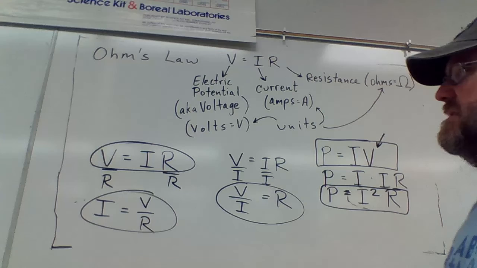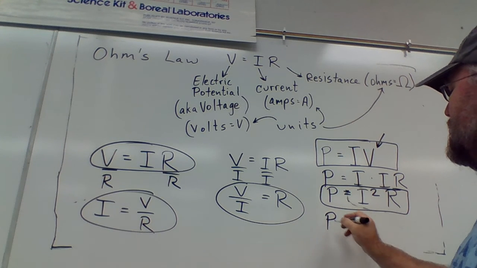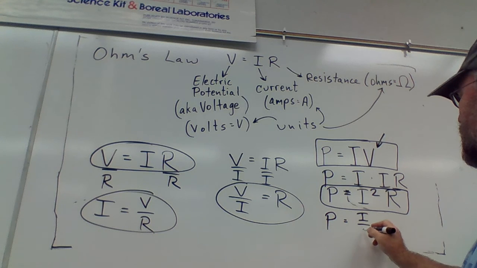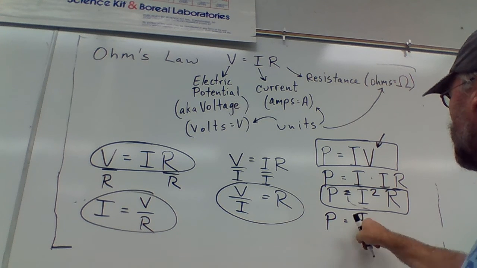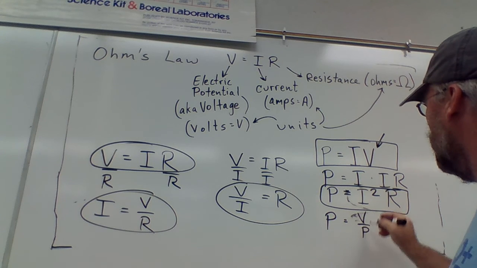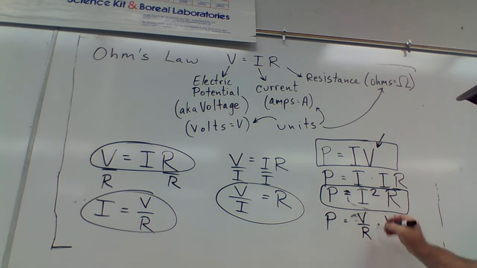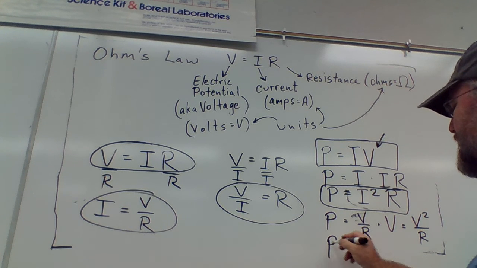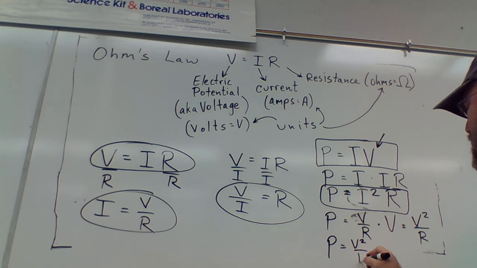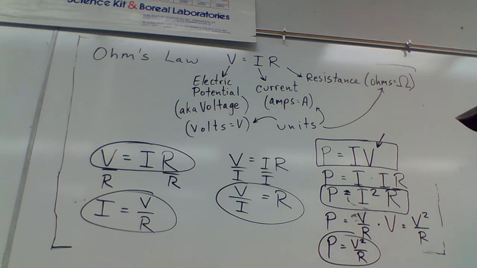Well, I is V divided by R. So P is equal to V divided by R times V. And so P then is V squared divided by R. So that would be another valuable equation that you could use to find power given the voltage and the resistance of the circuit. And so anyway, three different equations there.